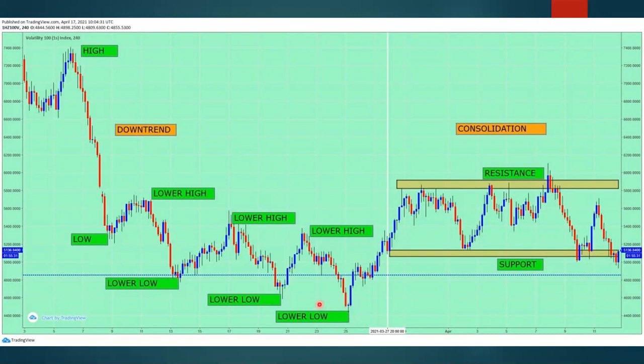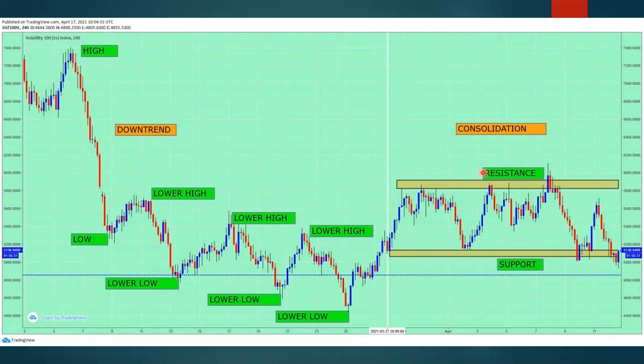This low should be lower than the previous low, and the same on the high side: this lower high should be lower than the previous lower high. That's how we know that we are in a downtrend.